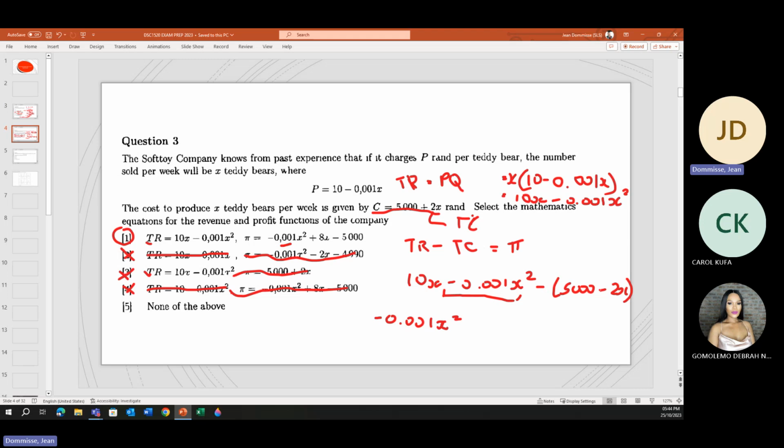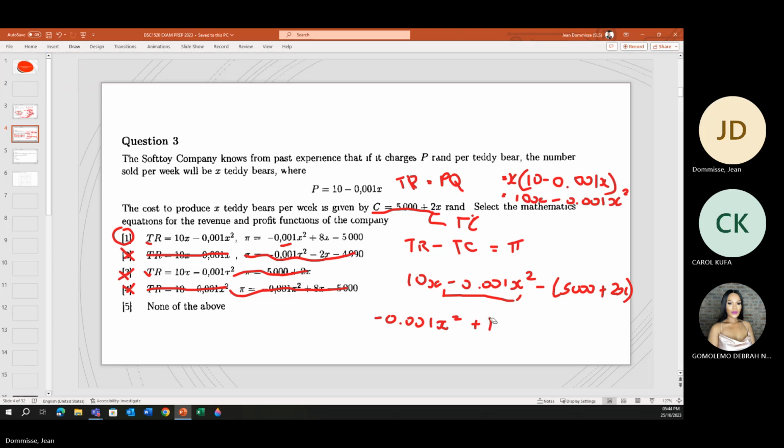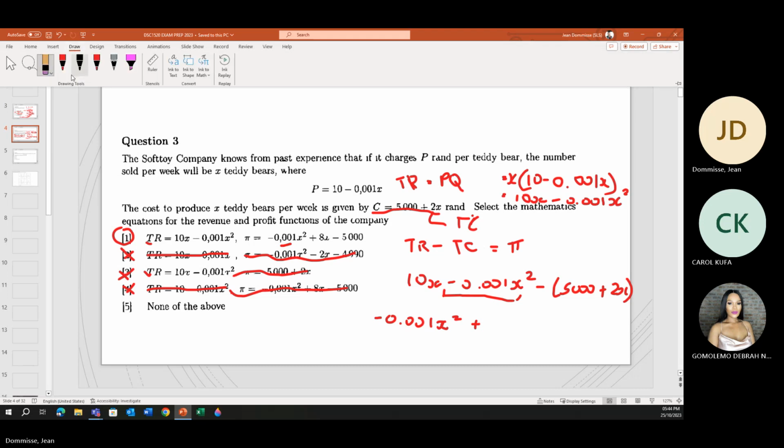10X minus 2X. So it becomes 10X plus 2X. Oh, wait. Thank goodness. Okay, so there I've made a mistake. 10X minus 2X is 8X.